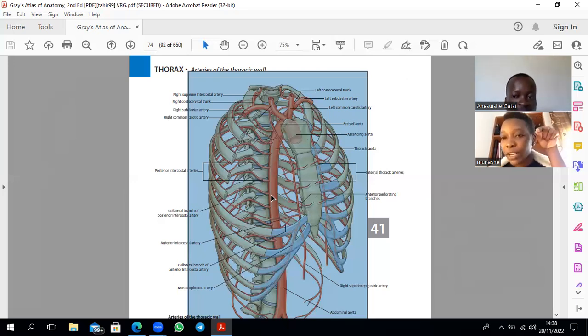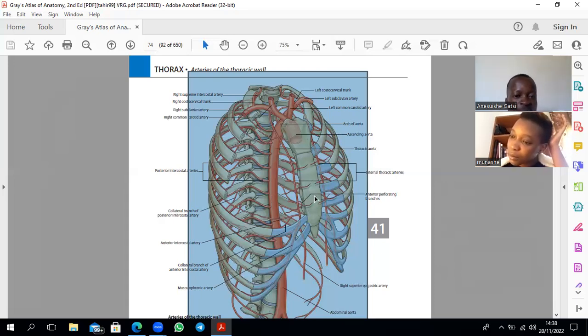It arises from the internal thoracic. Don't worry, I'll show you a diagram of the internal thoracic when we start doing the upper body.